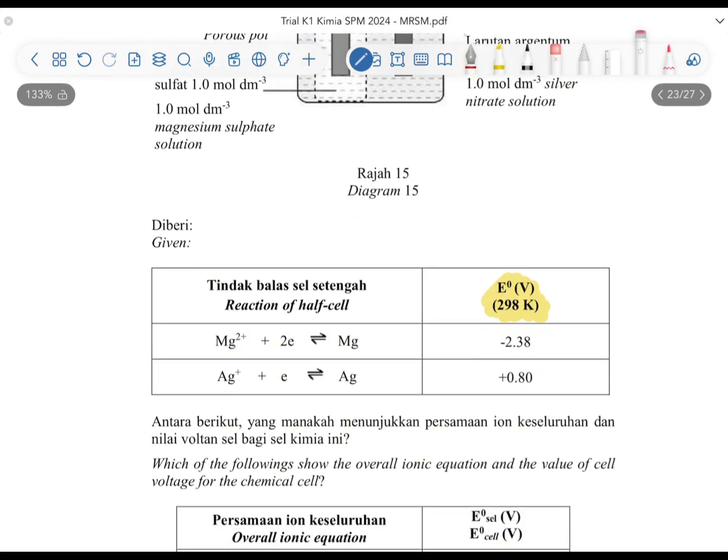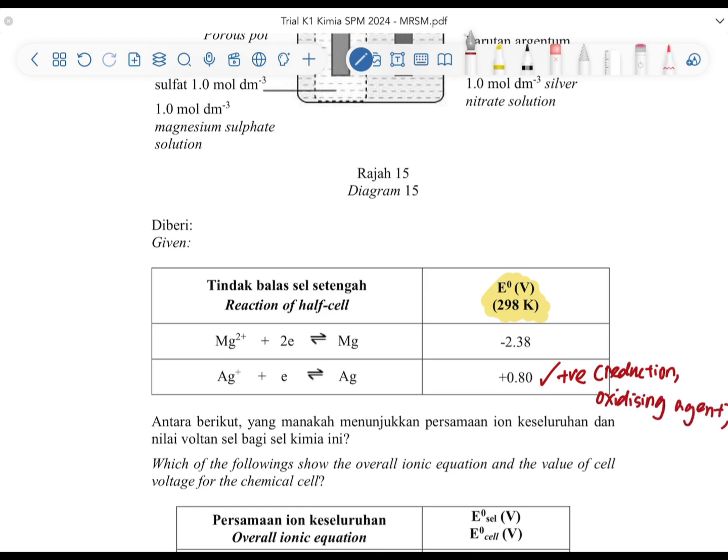So by comparing the E0 value between the magnesium and the silver, this one is more positive, so it will undergo reduction, means that it is the oxidizing agent. Just that simple. And then for this one, it undergoes the oxidation, so oppositely it will become the reducing agent.